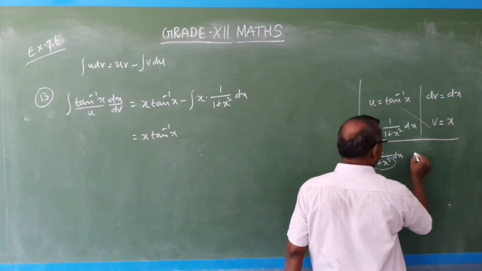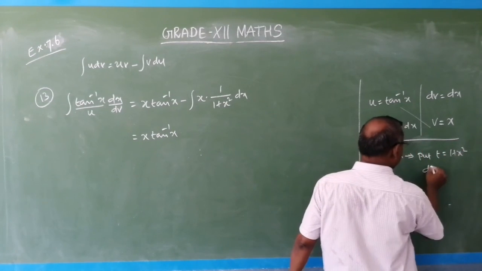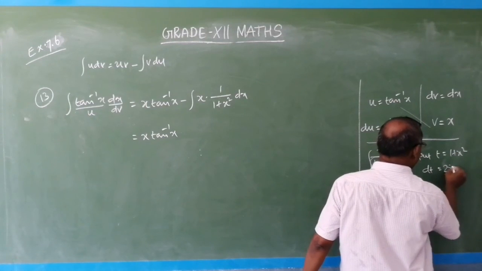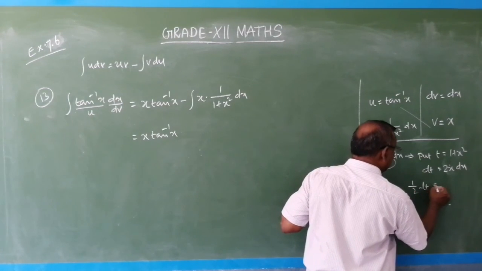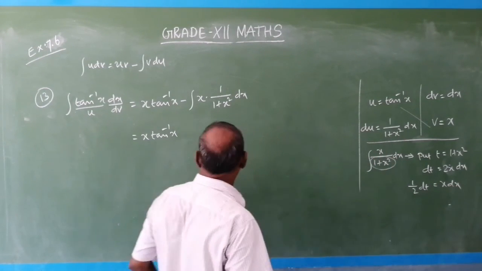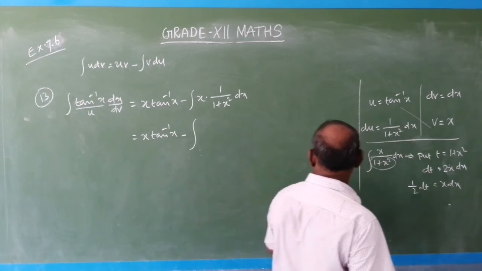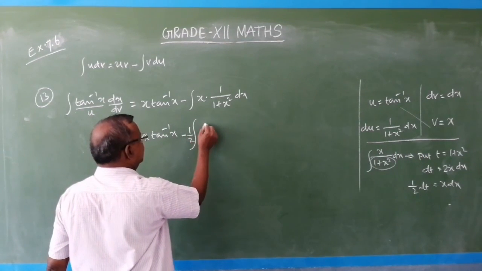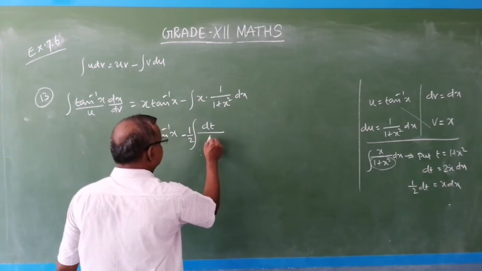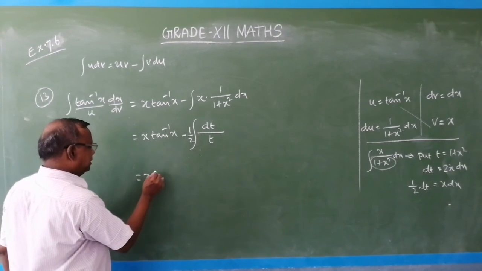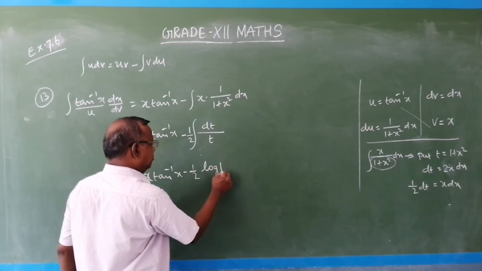Put for this, put t equal to 1 plus x square. So dt equal to 2x dx, so 1 by 2 dt equal to x dx. So this is minus integral 1 by 2 into dt divided by t, for 1 plus x square put t, which is equal to x into tan inverse of x minus half into log of modulus of t.